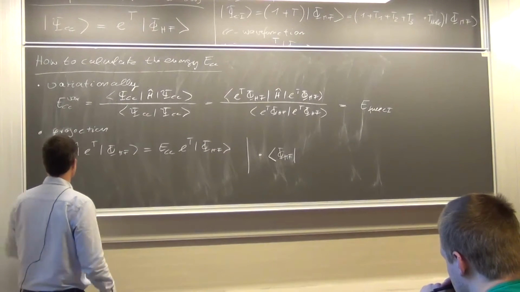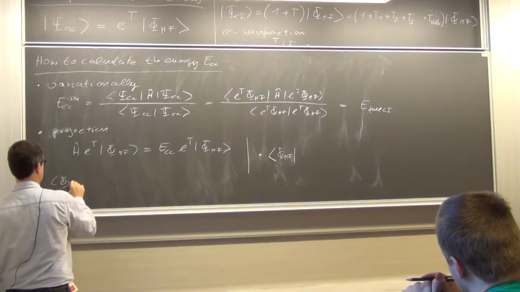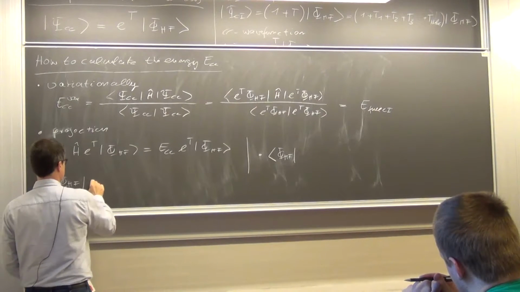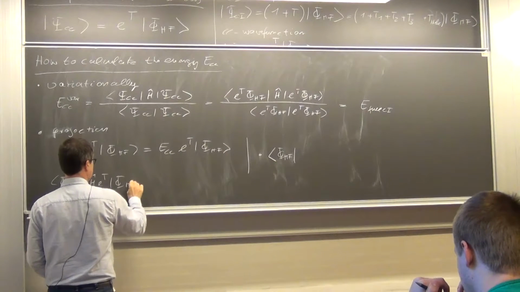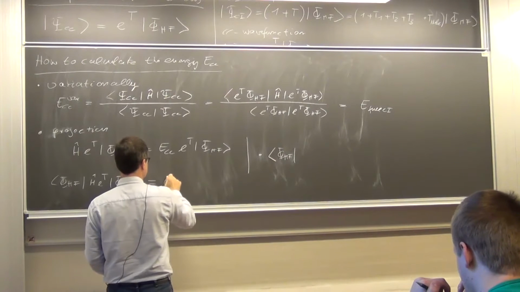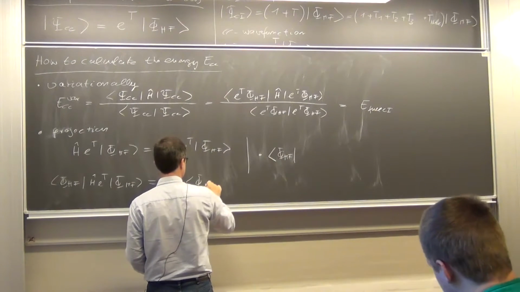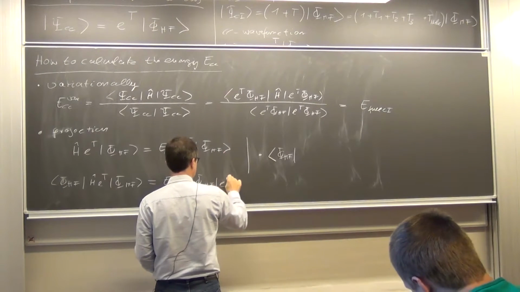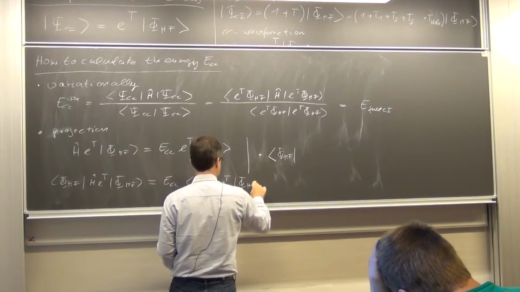Now if you do that, we get here phi Hartree-Fock, H e to the T phi Hartree-Fock. Then we get, I mean this is a number, so I can take that out immediately. E to the T phi Hartree-Fock.